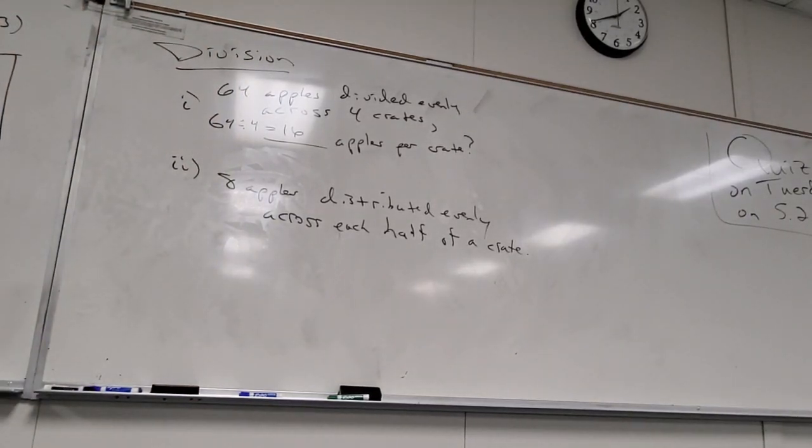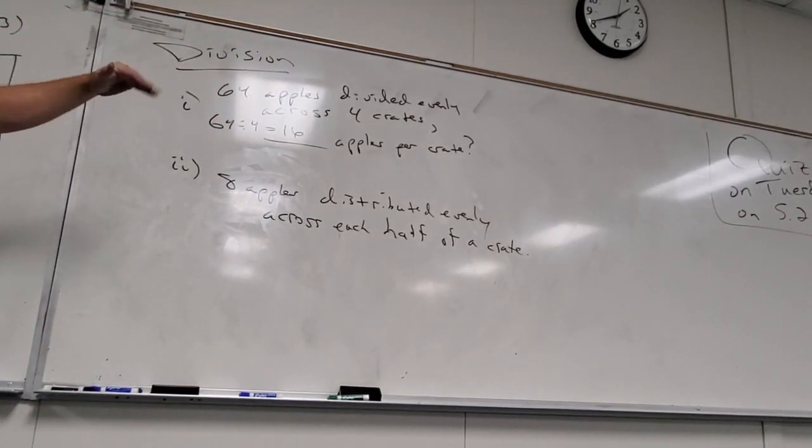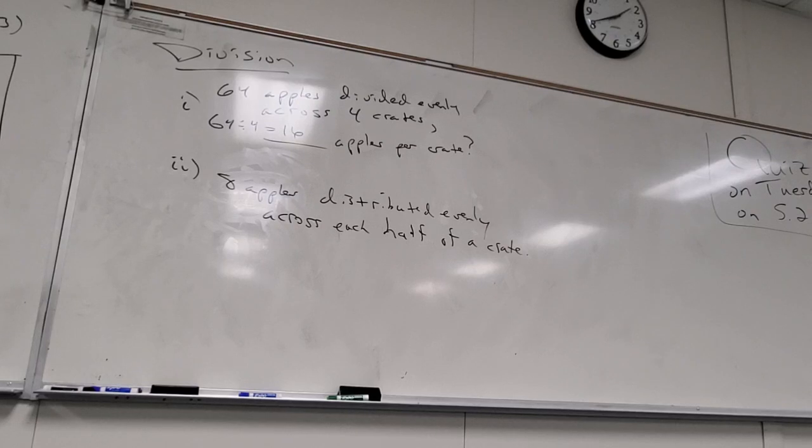So the way I kind of came up with this first, I want to keep my language consistent, but the way I came up with this first was, what if you knew a crate was full, but half of it was covered, and you see 8 apples?